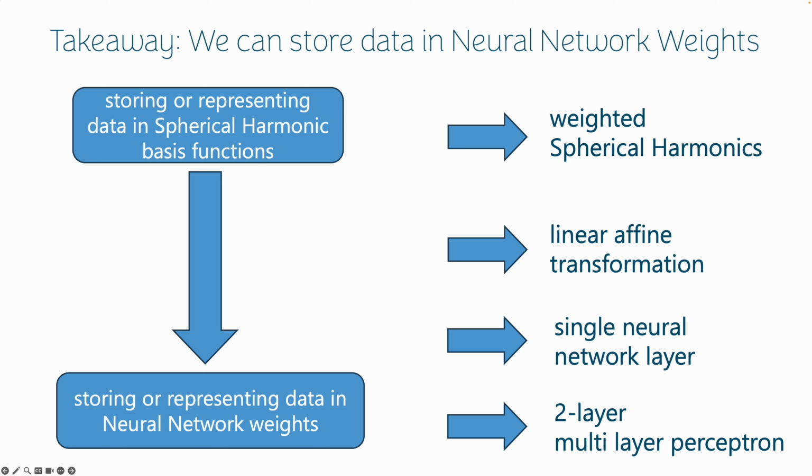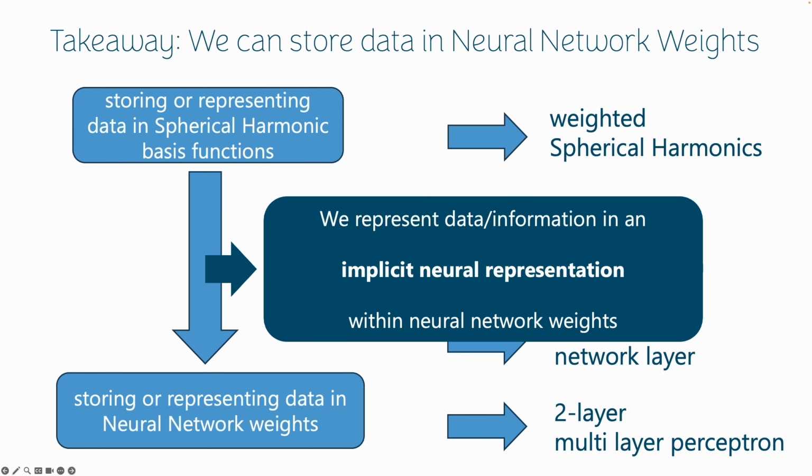And crucially, the term that is relevant here is implicit neural representations. Because by training this neural network on a set of data points in a specific way, we learn or represent information from a scene, or over geographic space, in the neural network weights, and that is an implicit neural representation of this data or this information that we encode in the neural network weights.